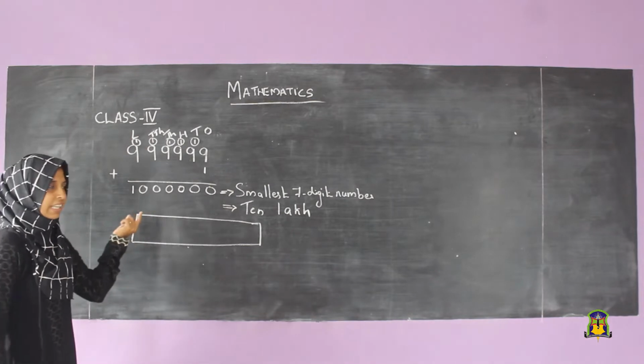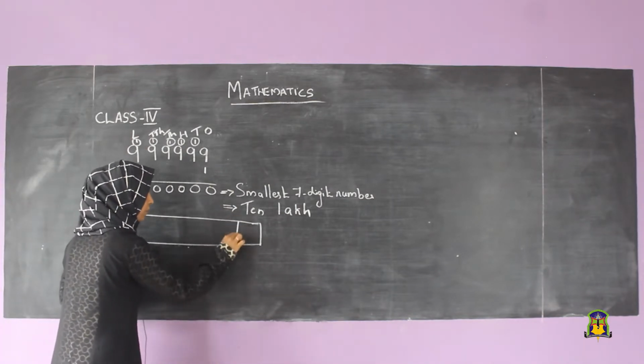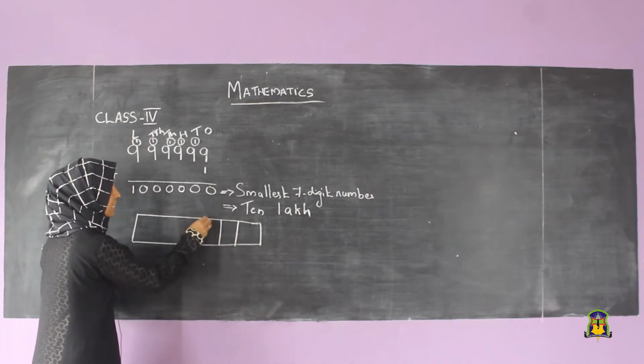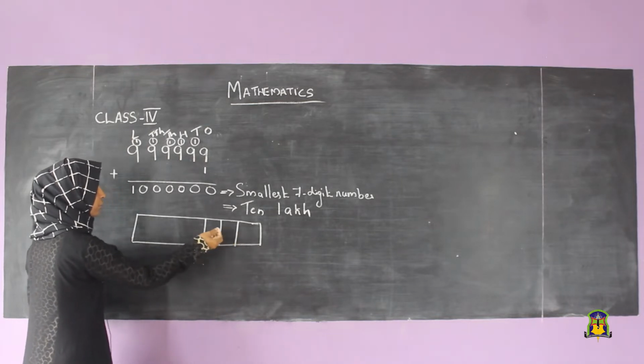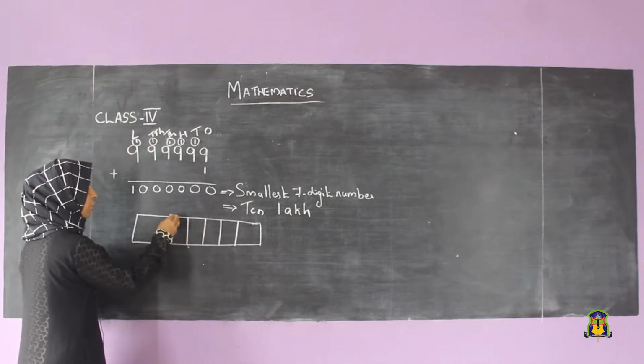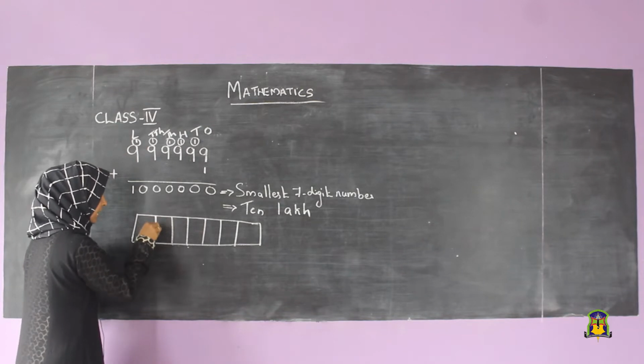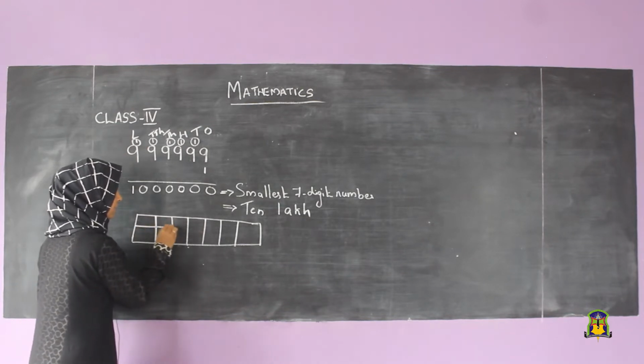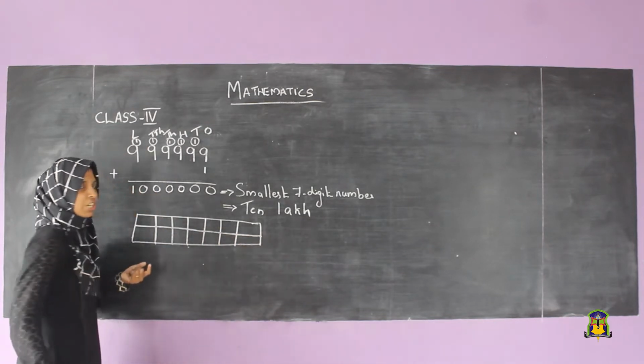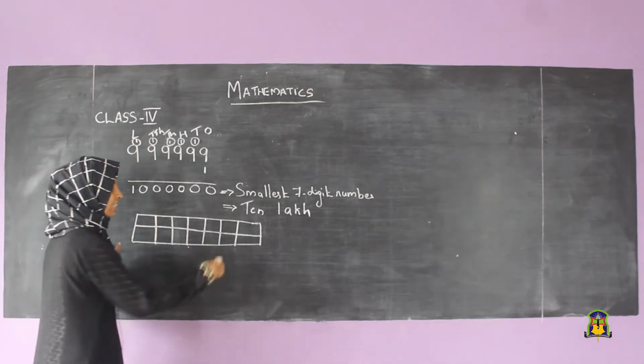How many digits are there? 7 digits. So, how many places will be there? 7 places. 1, 2, 3, 4, 5, 6, 7. So, here, which are the places from the right?